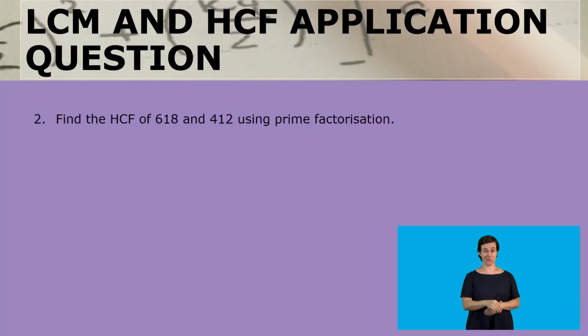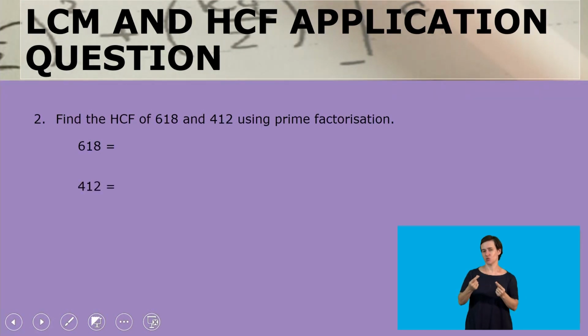Okay, let us go on to finding the highest common factor. So now we are going to be finding the highest common factor between 618 and 412. So even though these numbers are very big, we can do it because we've got a method. So 618, if I break that down, that is going to be 2 multiplied by 309, right?